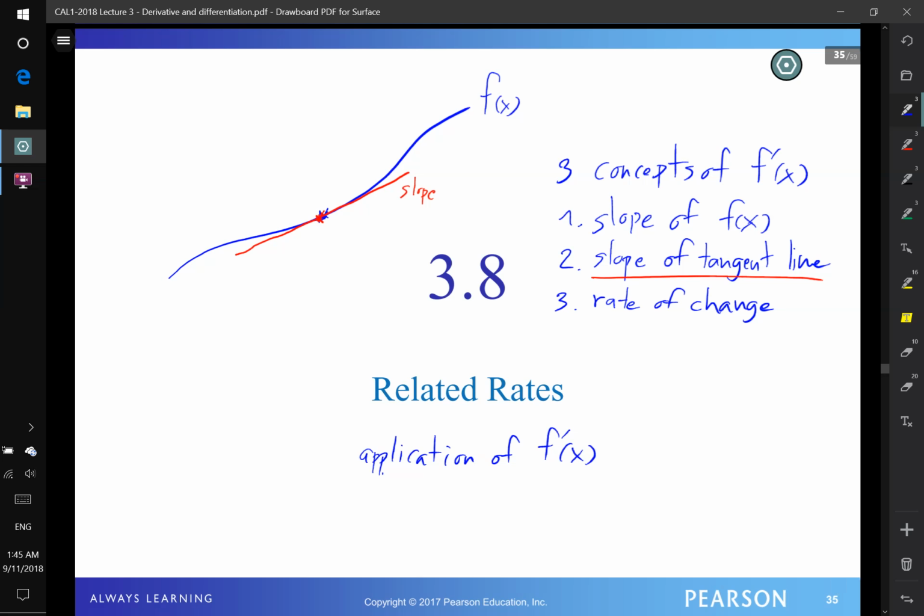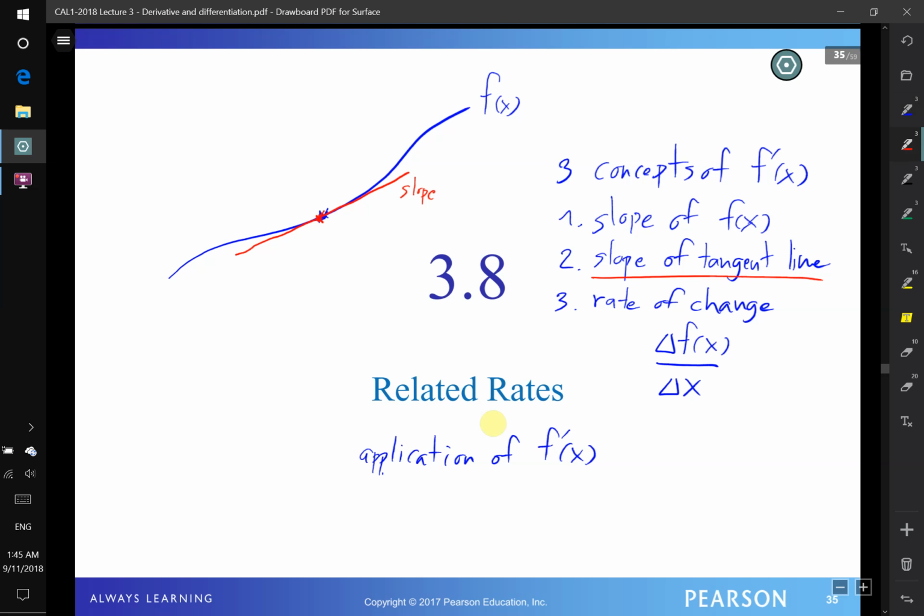We want to know how changes occur. For example, instead of looking at the slope of something, we want to know how f or y changes when x changes. I want you to see this main difference, how you interpret the meaning.